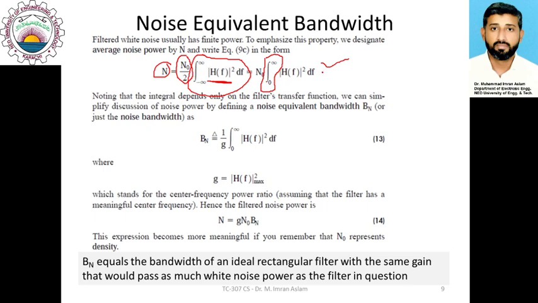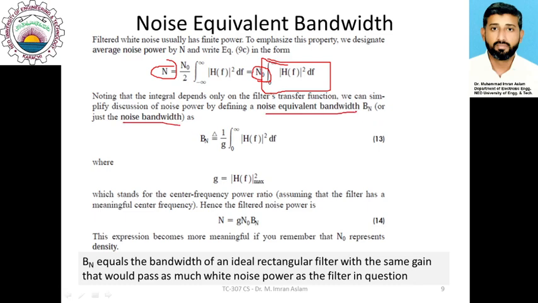giving us the answer that the noise power will be N naught into the integral of H(f) squared df. You can see that the noise power is dependent on two things. One is N naught, which is the noise power spectral density. Second is the integral of H(f) squared. This integral of H(f) squared is actually defined as the noise equivalent bandwidth. Sometimes we call it noise bandwidth. What is noise bandwidth?